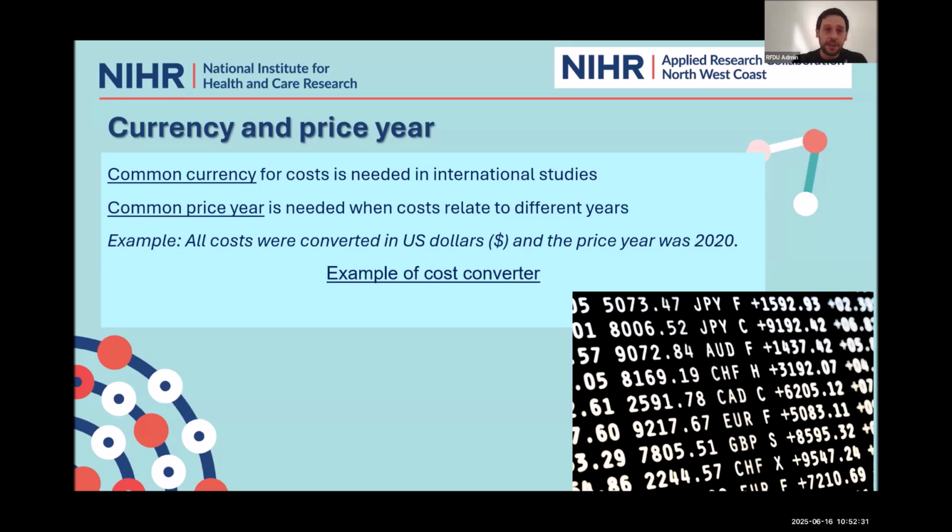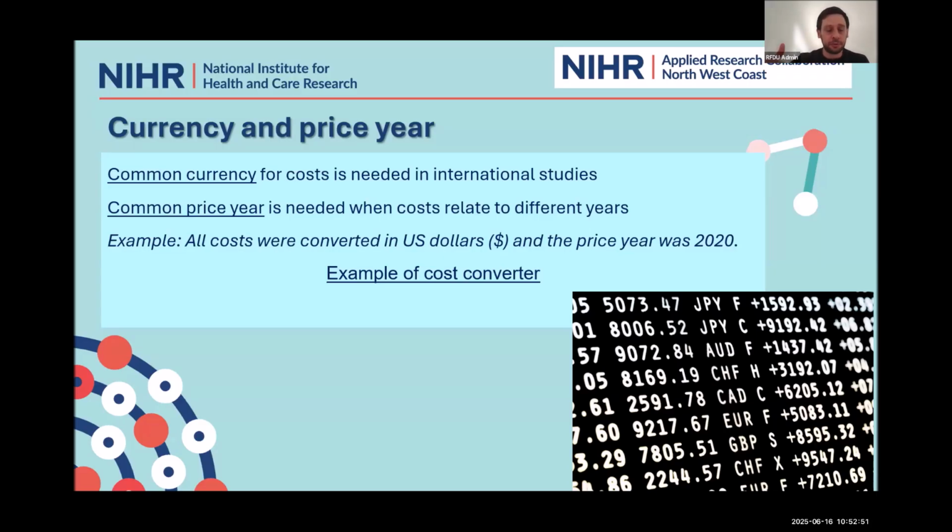At the same time, there has to be a common price year when costs relate to different years. Luis gave you a very good example of how to find the information about the cost for a social worker in 2023. Now, there might be other costs which have been accrued, for example, in 2024.